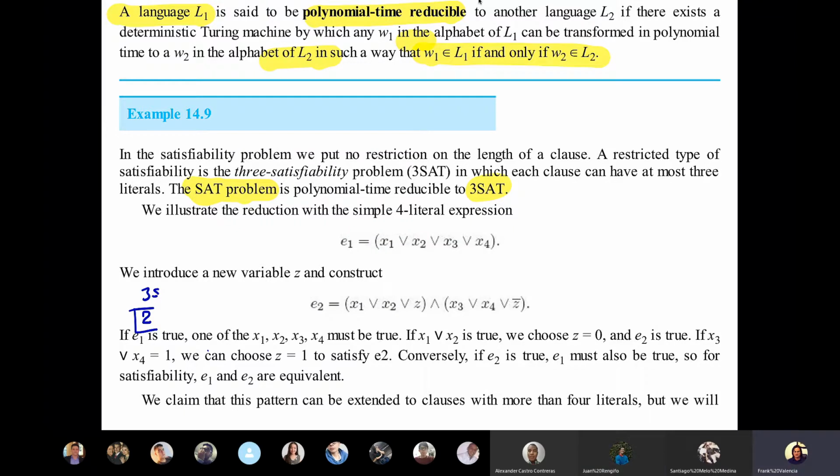So the idea is, we illustrate this in a simple way. For example, this expression here, this disjunction, has 4 literals: x1, x2, x3, and x4. And there is a way to reduce this formula into another formula that uses only 3 literals.